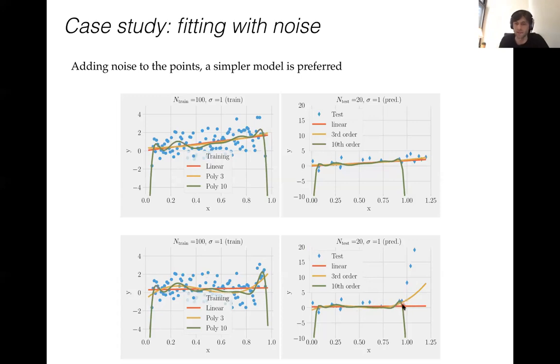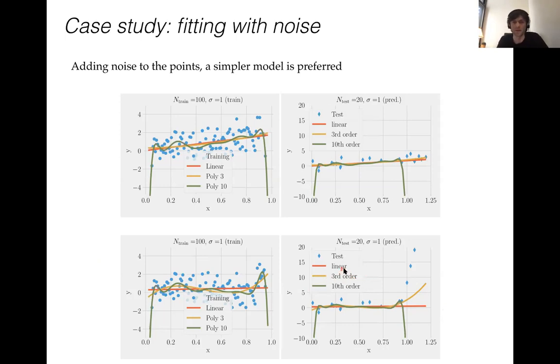And in this case, the third order polynomial is doing the best, especially outside the domain where we had sampled data. So even in this case where we might have known that the true model that generated the data was this 10th order polynomial, we actually do a better job of making predictions by using a simpler model, by using the third order model.